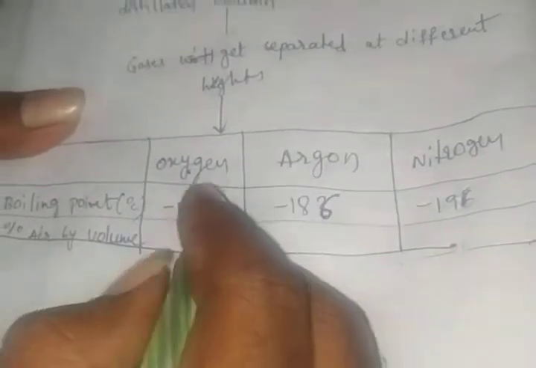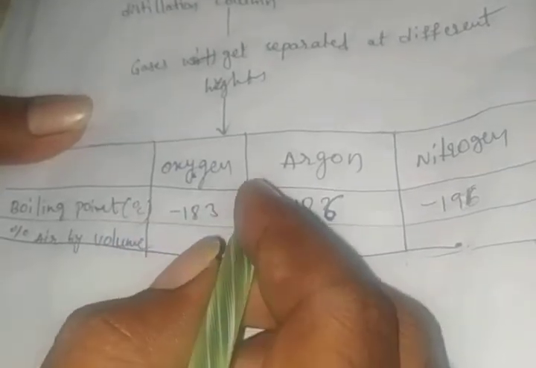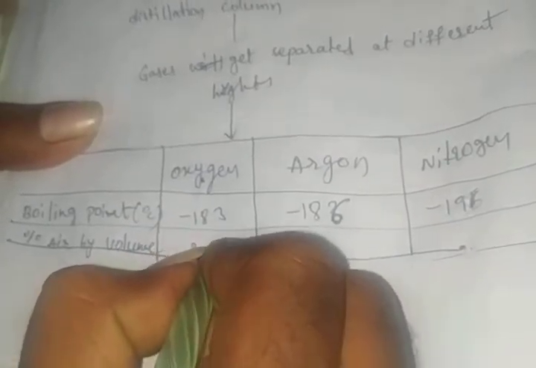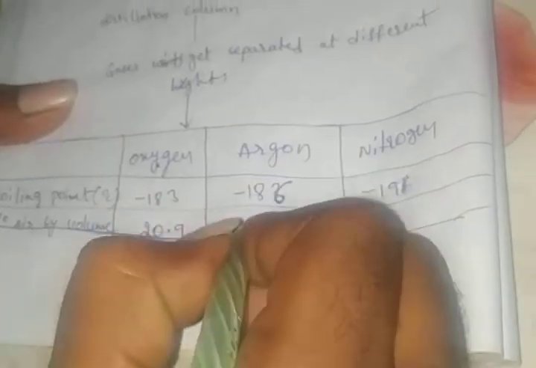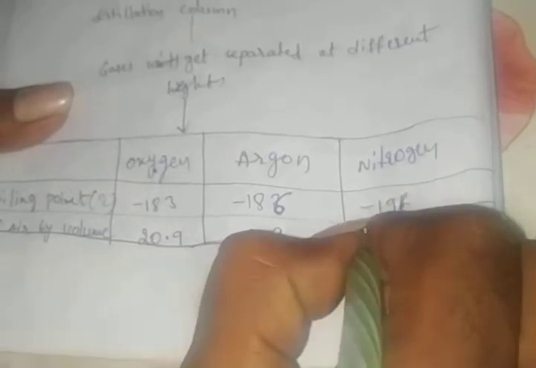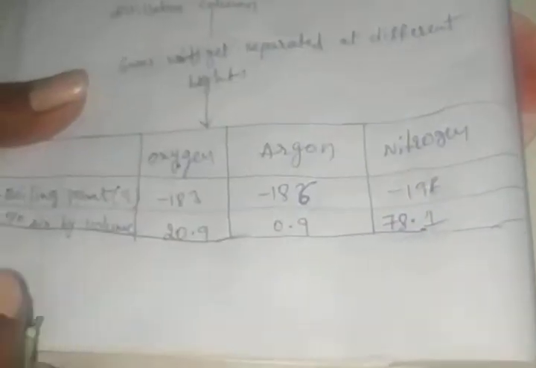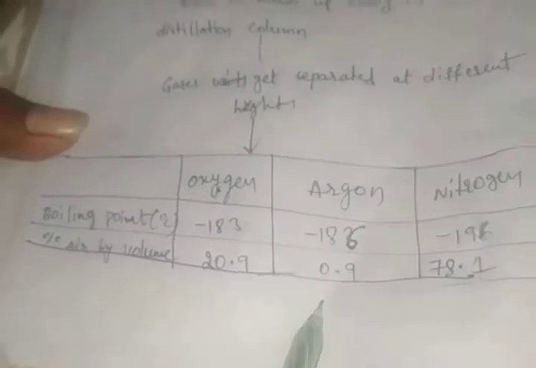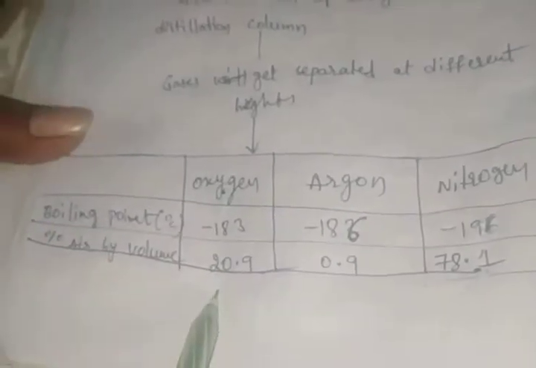And the percentage of air by volume: oxygen is 20.9 percent, argon 0.9 percent, and nitrogen, already we know, 78.1 percent. In the air, nitrogen has the highest percentage, that is 78.